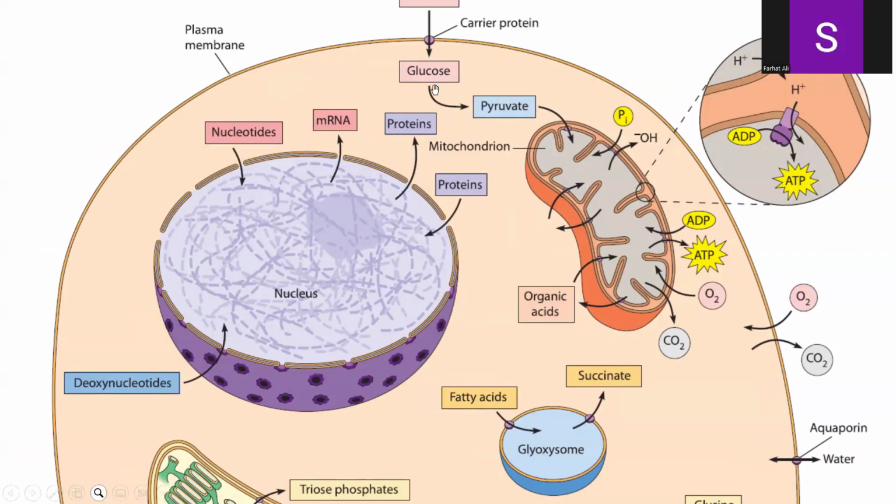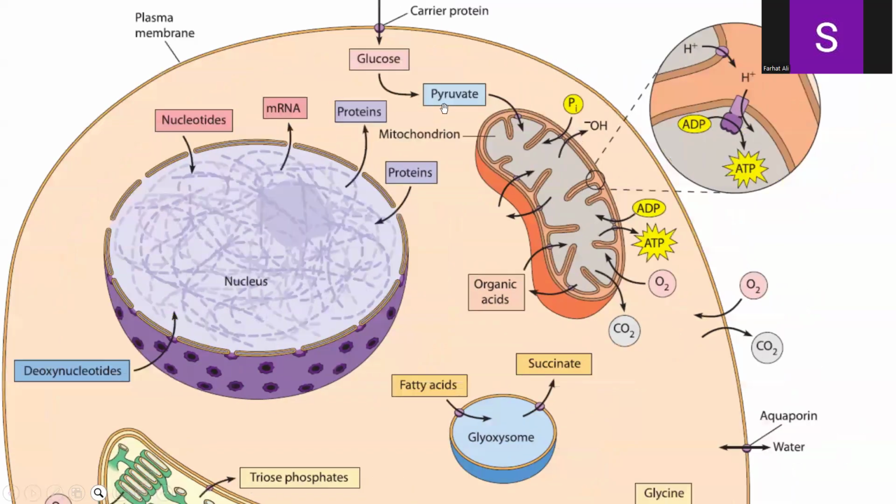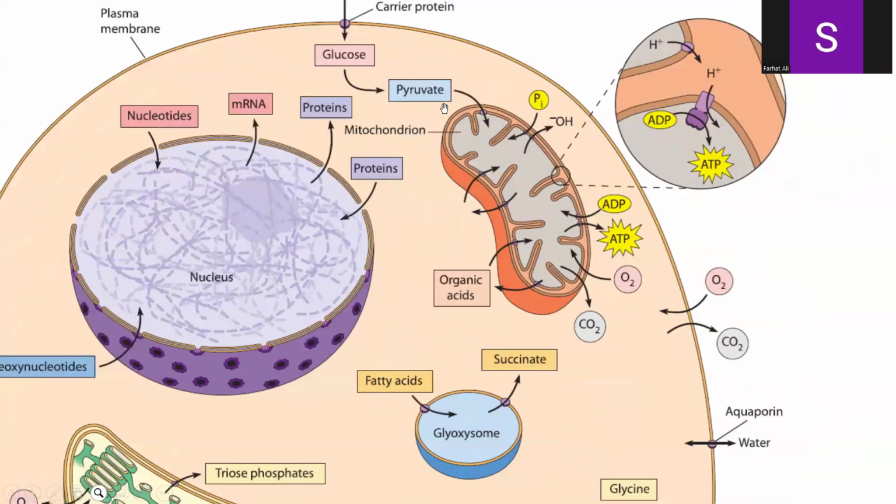Say, for example, glucose is transported in the cell, and then glucose is metabolized through glycolysis to pyruvate, which is then further oxidized by the other oxidation processes, including the Krebs cycle, followed by electron transport chain, and so on. Thereby it produces energy in the cell.